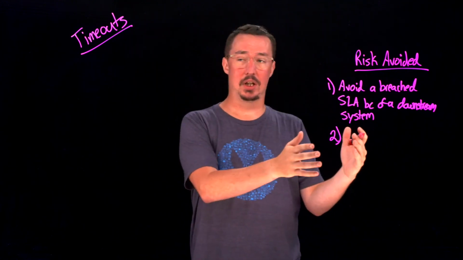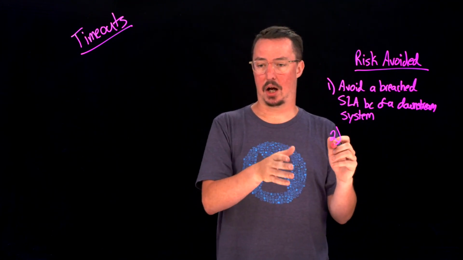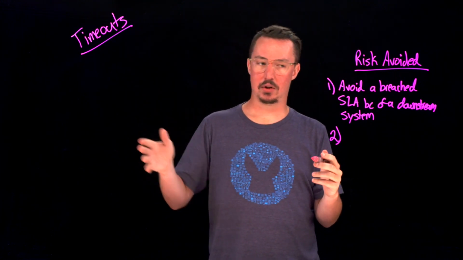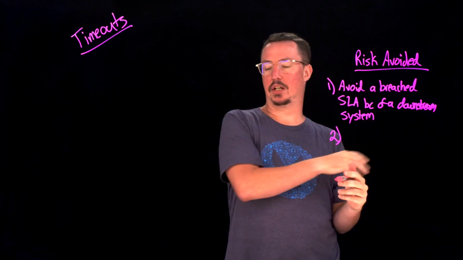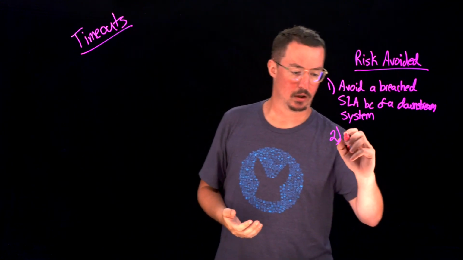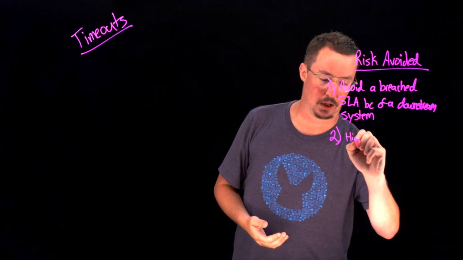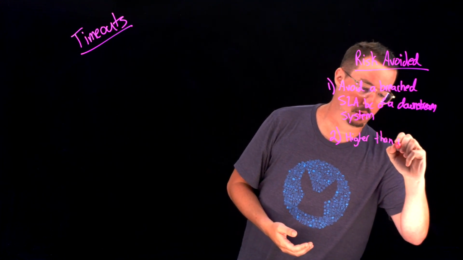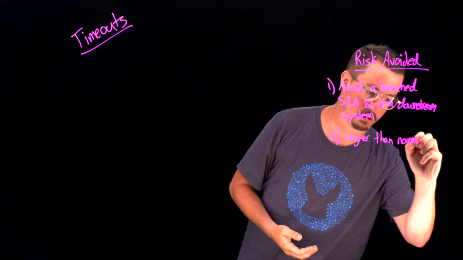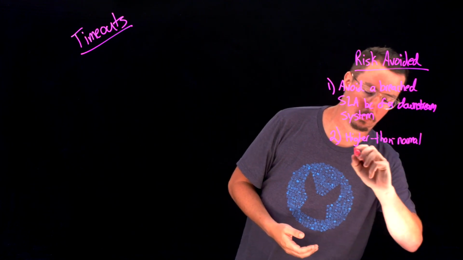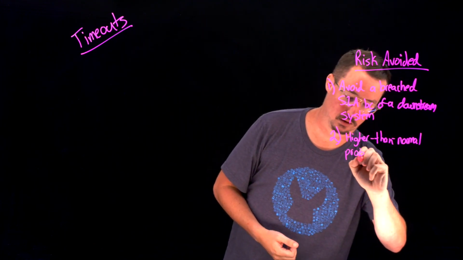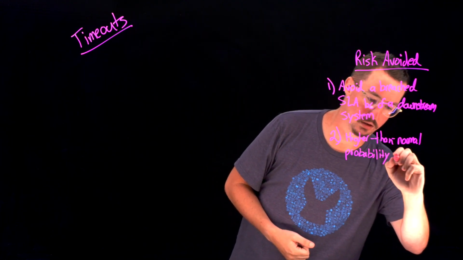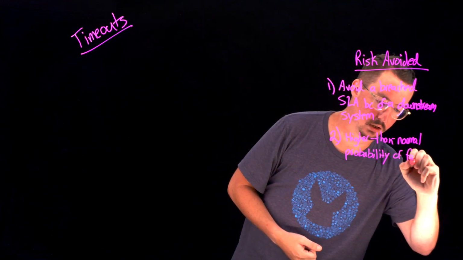So by putting in this timeout and avoiding spending too much time because your downstream system is taking too long, you're going to avoid the probability that you're going to have bad data anyways. So we're going to avoid the higher than normal probability of failure.